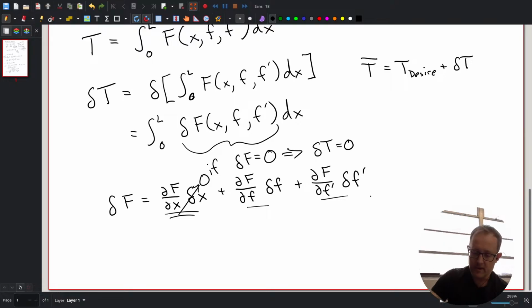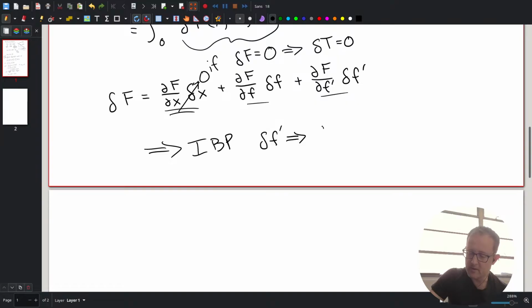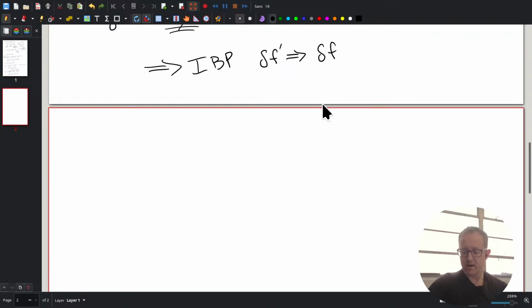So now let me get a new page. Now we have to integrate by parts. That delta f prime, we can turn into some kind of delta f term, and maybe we'll end up with a delta f prime and a delta f, but the main thing is we want to get rid of this delta f prime somehow.